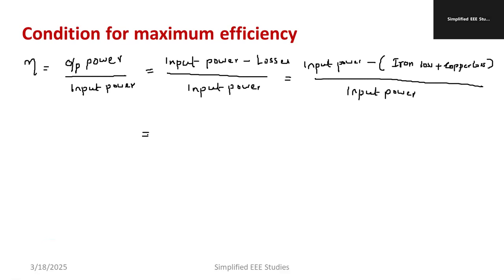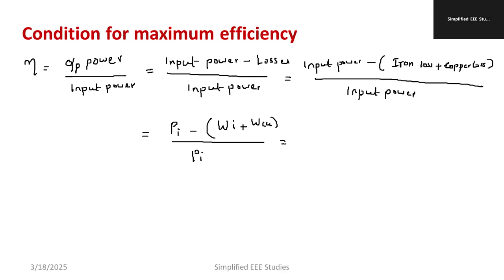Now, mathematically, we can write input power as Pi, and losses as Wi plus Wcu, correct? Divided by input power.